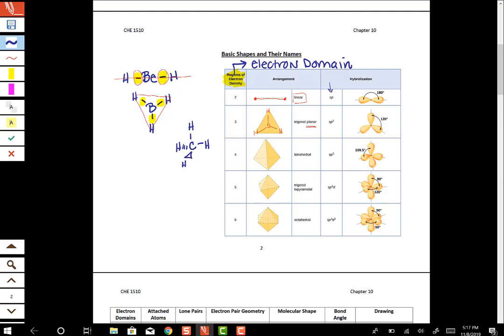So when we connect these hydrogens, we're really making a tetrahedron, which is very hard for me to draw and have you know what I'm trying to draw, which is why I have this figure here, which is pre-drawn. That looks a heck of a lot nicer.